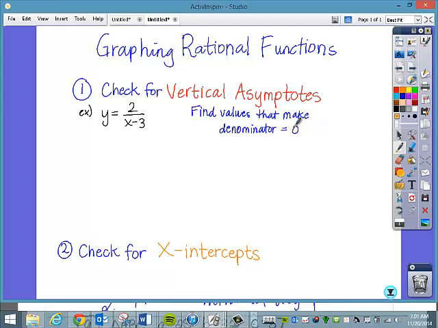In our example, y equals 2 over x minus 3, we have a vertical asymptote at x equals 3, because if you plugged 3 into your denominator, it would make it equal to 0. So there's a vertical asymptote at 3.